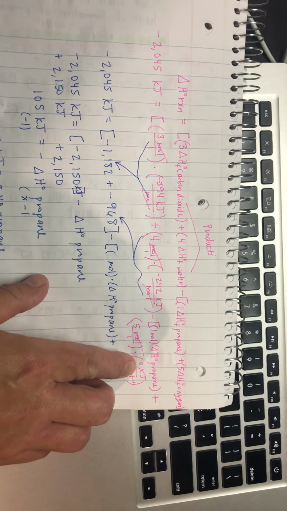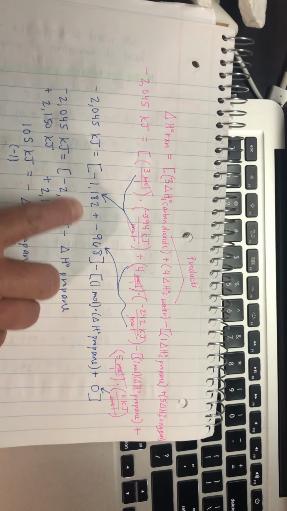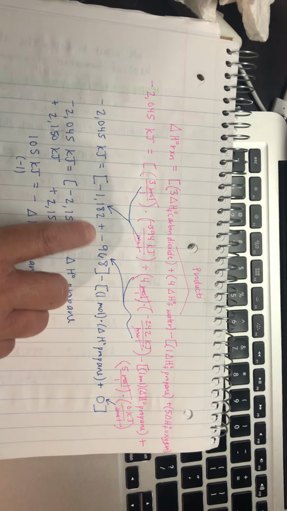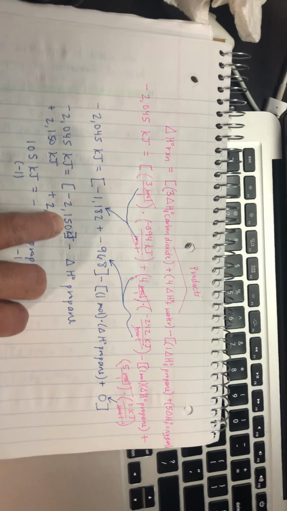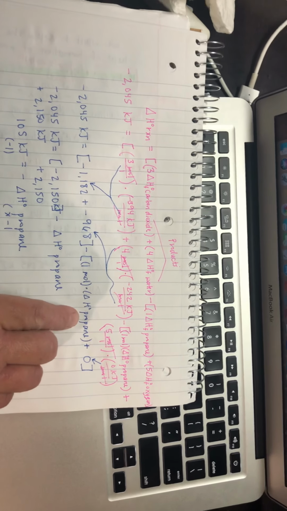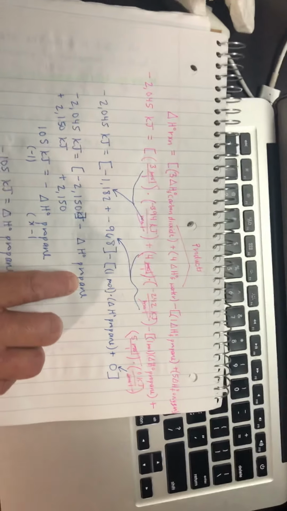And the heat of formation of oxygen is actually 0. So when we do this, we have the products here, negative 1,182 plus negative 968, which gives negative 2,150 kilojoules, minus 1 mole times the heat of formation of propane plus 0. So that just gets down to the heat of formation of propane.